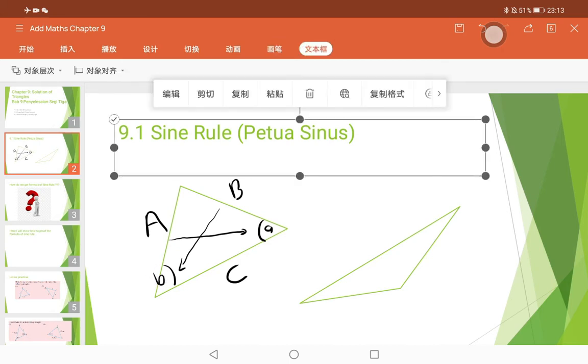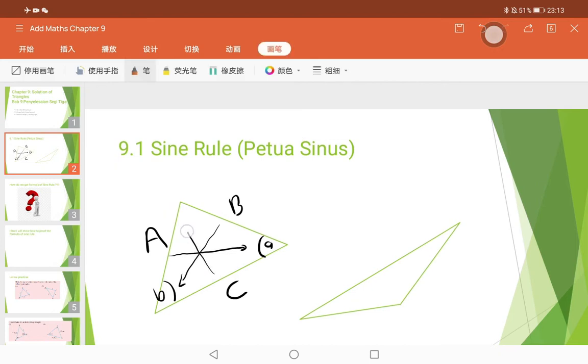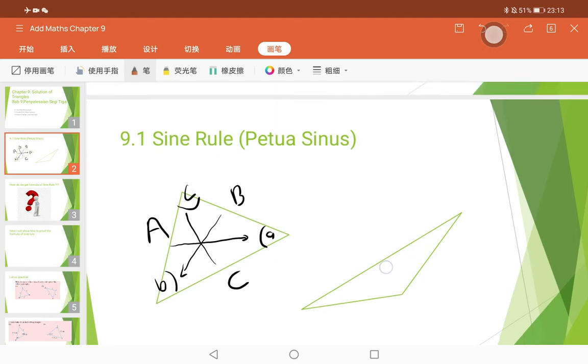And for C, we have another angle here with small c.